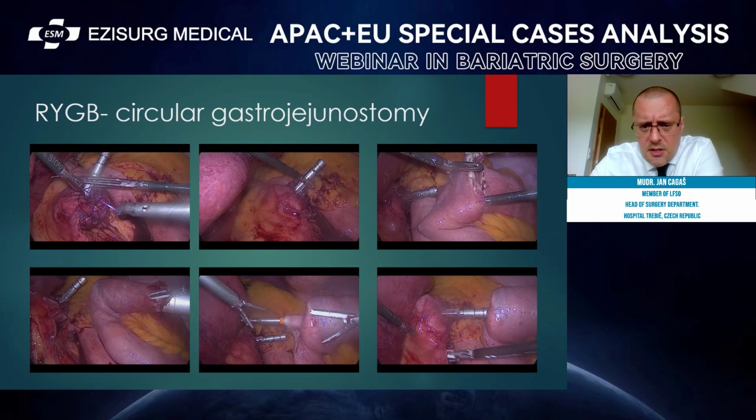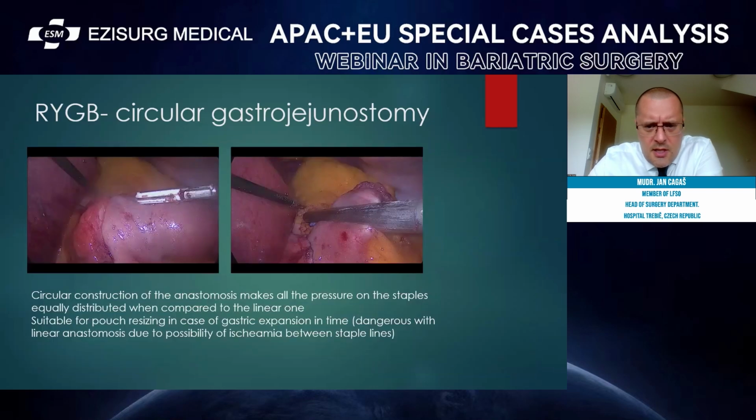But if you have circular, the tension is divided between all those clips, but it takes a lot of time to do it, and the learning curve is quite long. In case you have revisional surgery, if you do some pouch resizing, you don't have to be afraid of crossing the staple lines, which is good, I think.